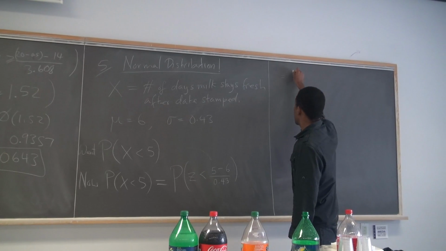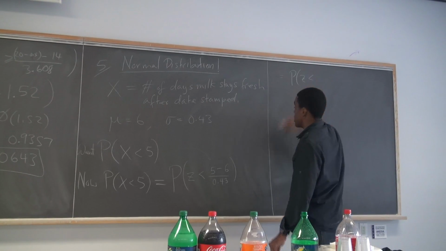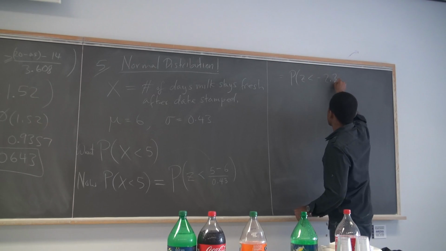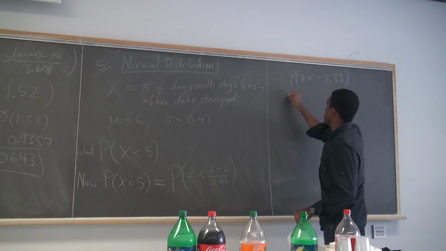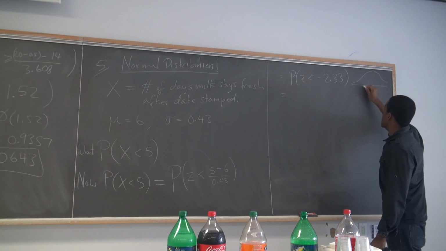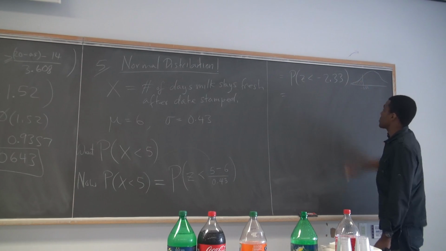So this is equal to what? The probability that z is less than negative 2.33. That's less than, so that already gives us what we want in the table. Minus 2.33 is over here, and we actually want this.